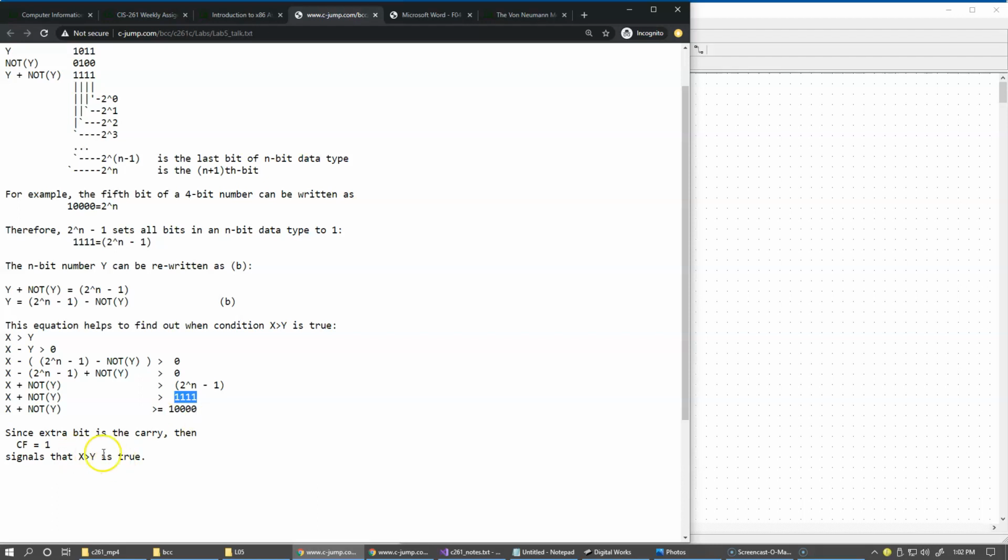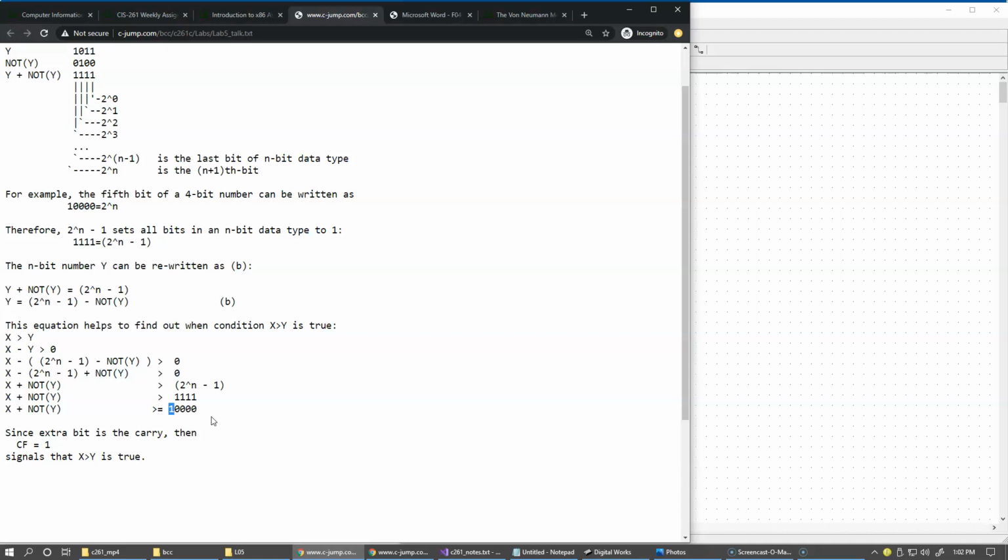Therefore if we just add 1 to this, we get this. So 1, 1, 1, 1 plus 1 becomes this value. So that should be greater than or equal to x plus not y. Since the extra bit is the carry, we can use the carry flag when we do our additions.